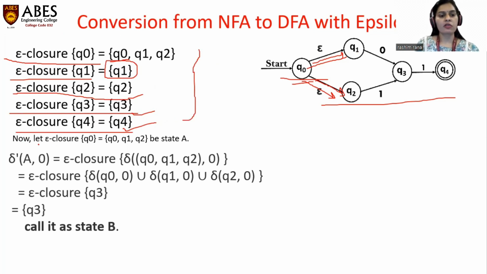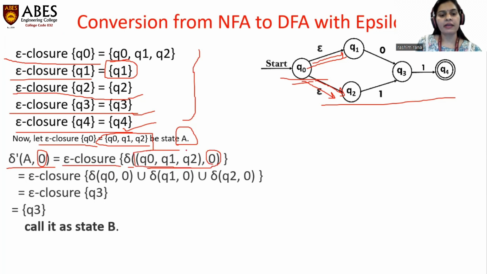So these are the epsilon closures of all the states. Now, epsilon closure of Q0 gives Q0, Q1, Q2. There are 3 states present, so we can represent this with A. Now, apply transition on state A. We are applying input 0 on A. So what do we have to write? Epsilon closure of transition A, comma, input 0.